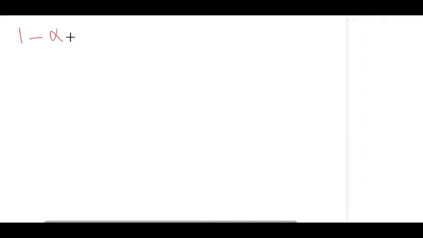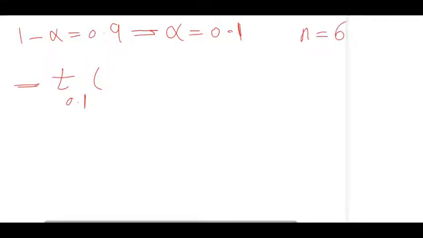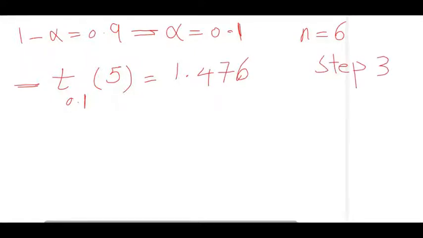It means 1 minus alpha is 0.9. So alpha is 0.1 and we need T with 0.1 and n minus 1. N is 6, so n minus 1 is 5. So we need T 0.1 with 5 degrees of freedom, and the value is 1.476. This is step 3.